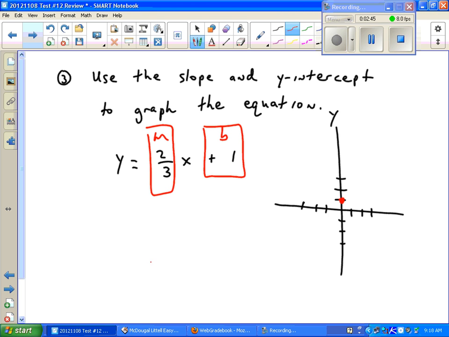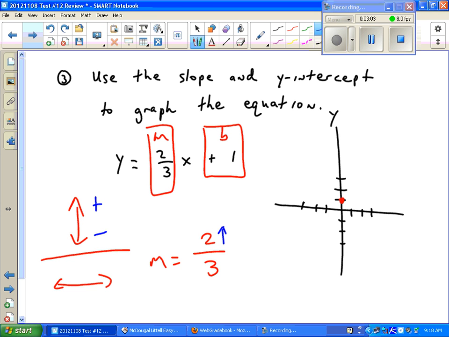Your slope, on the other hand, is your m value. It's 2 over 3. Slope tells you to go up or down, or you rise, over, you go left or right, or you run. So if it's a number that's positive, you need to go up. If it's negative, you go down. For your first number, it's positive 2. So from this point, we're going to go up 1, 2. The bottom number tells you to go left or right.